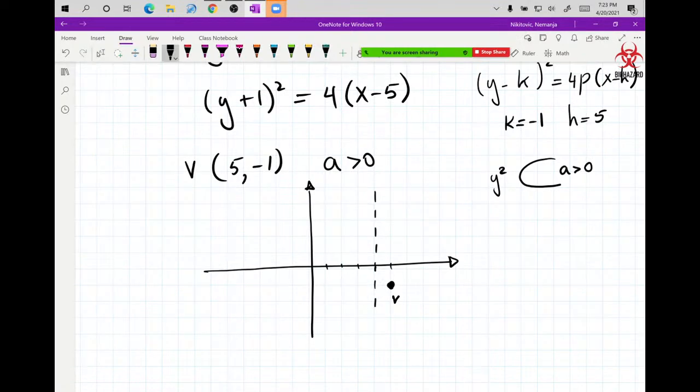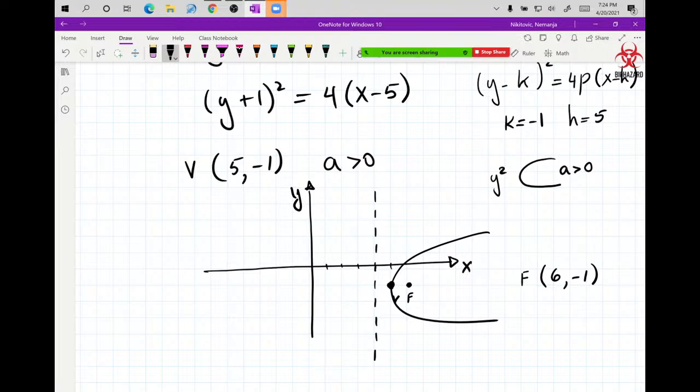It's a 1 unit distance from the vertex, and 1 unit to the right for the focal point because it needs to be included in the parabola. So the last thing that I need is to find the focal point coordinates. That will be 6, negative 1, because it's just 1 unit away to the right. And there is the graph.